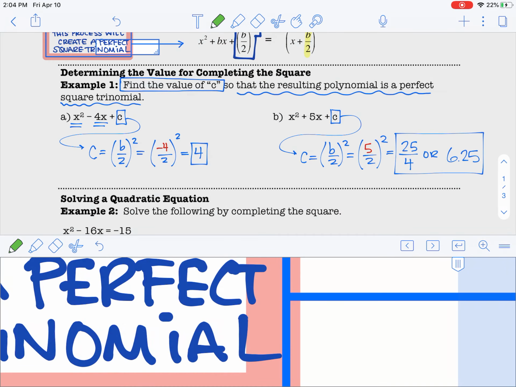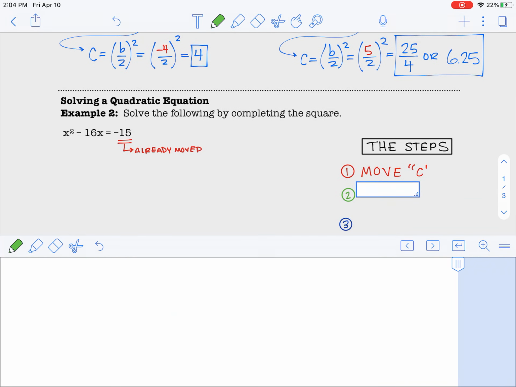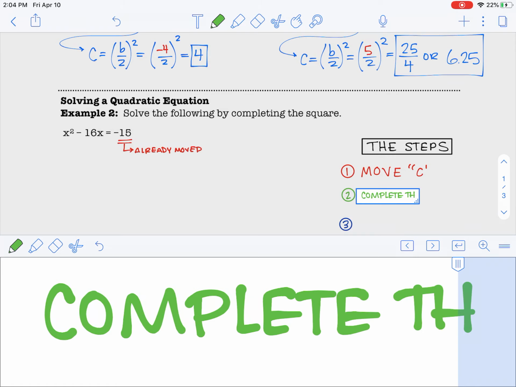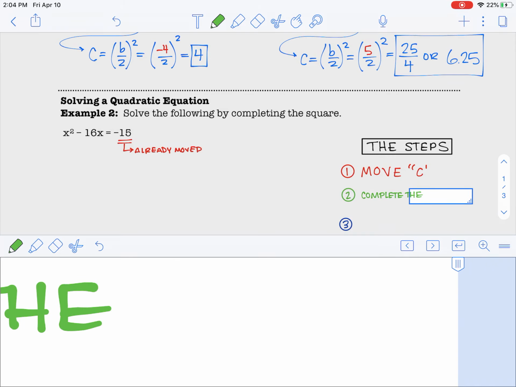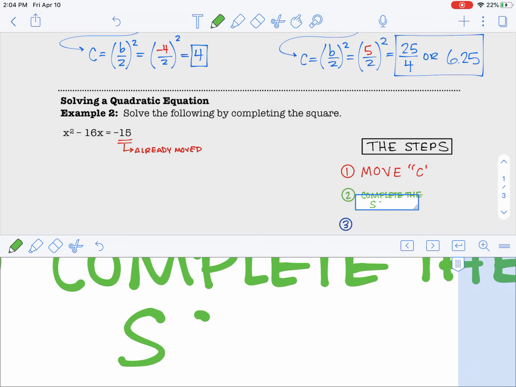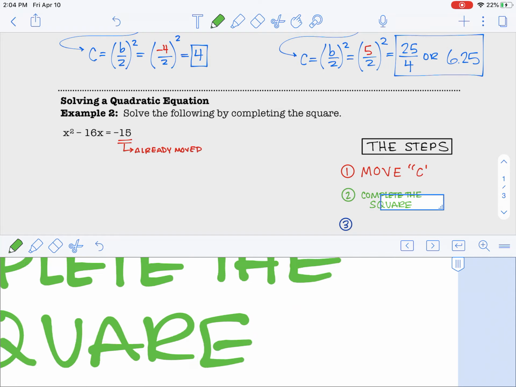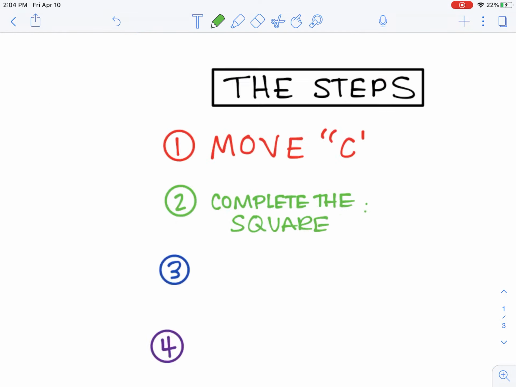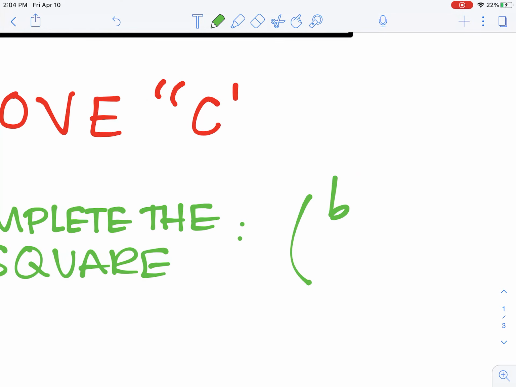Step 2. Here's when we complete the square, which means using our formula, b divided by 2 squared.